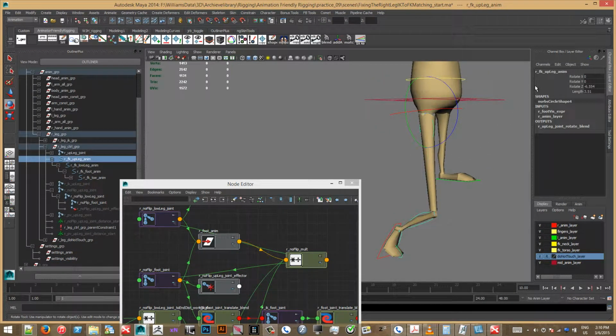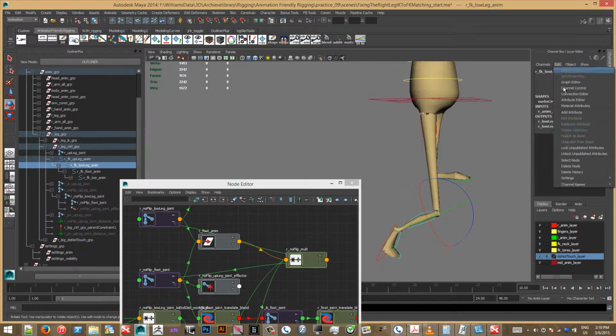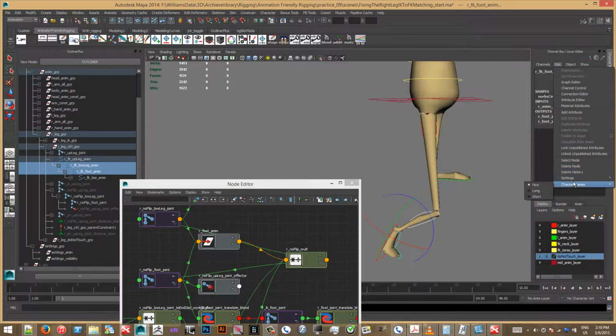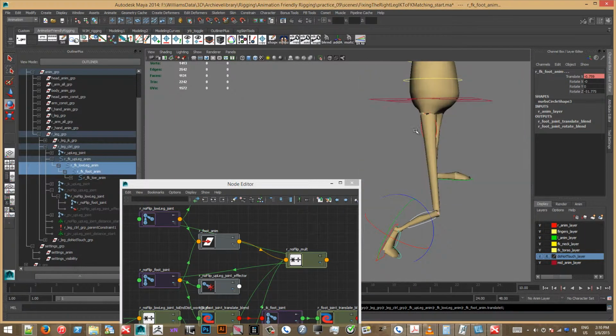Okay, so the RFK up leg anim, when you change this length, you are impacting the translate channel control, translate X. There we go.